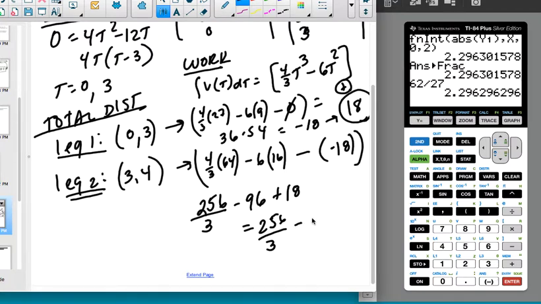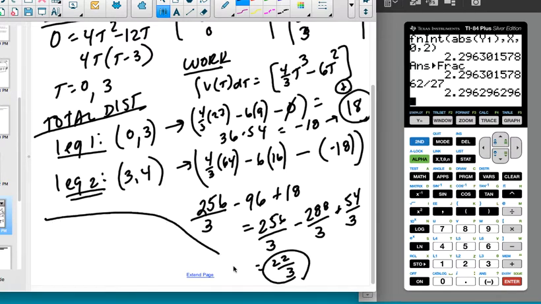So this should end up being a 288 over 3, and then this is a 54 over 3, so together these are 310. 310 minus the 288 should be a 22. So I think I get 22 over 3, which is already positive.